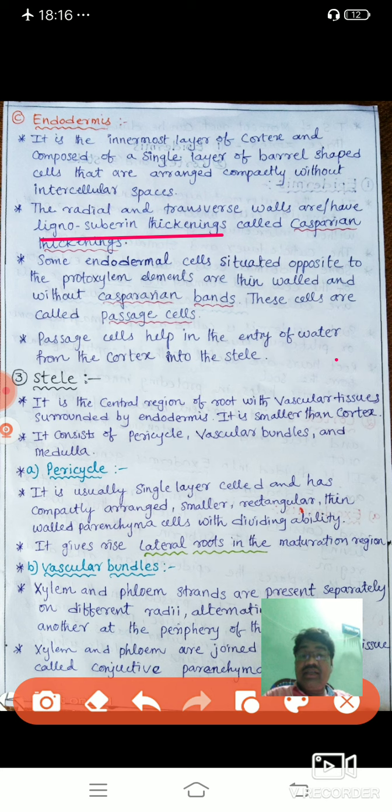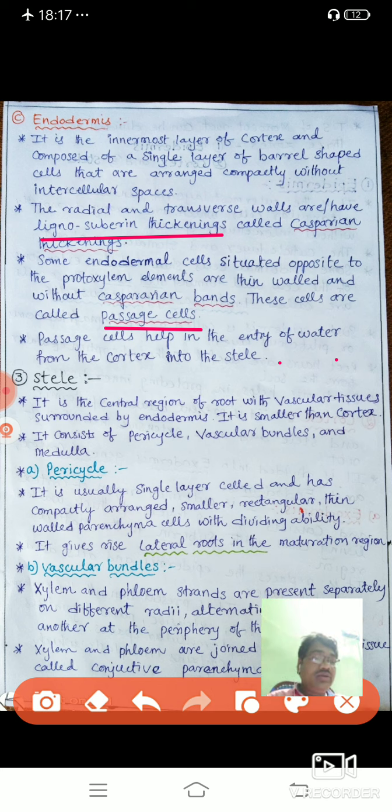The passage cells allow water movement by symplastic movement. That is the importance and function of passage cells. The passage cells help in the entry of water from the cortex into the stellar region. Okay, this is the second region in the monocot root.